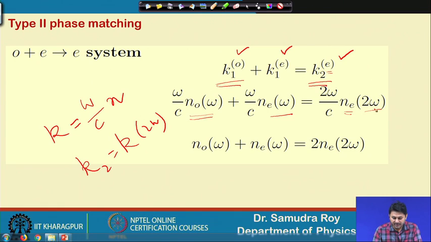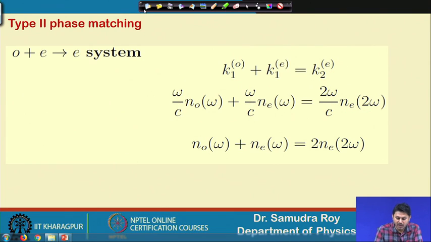After having all this information, in the next step I just cancel this omega divided by c term altogether. Then we have a new kind of expression: n_o of omega plus n_e of omega is equal to 2 n_e of 2 omega.